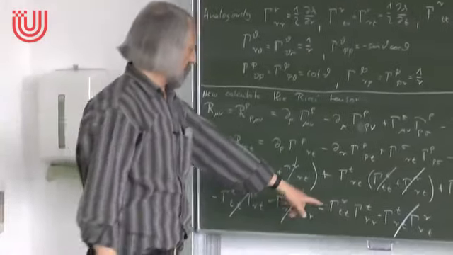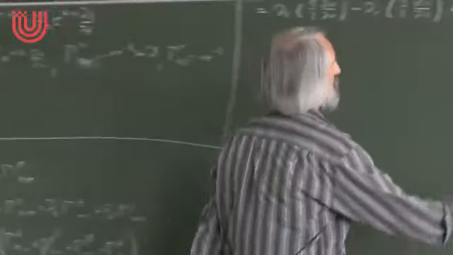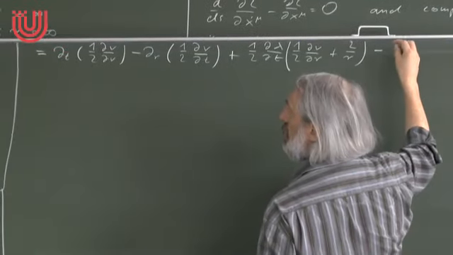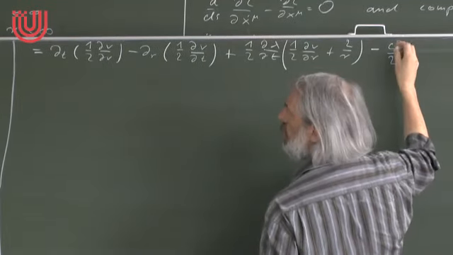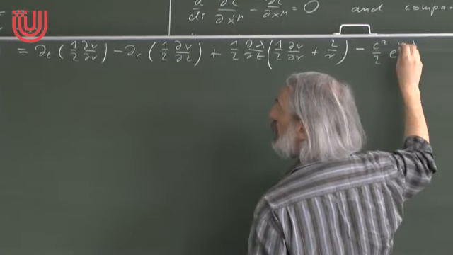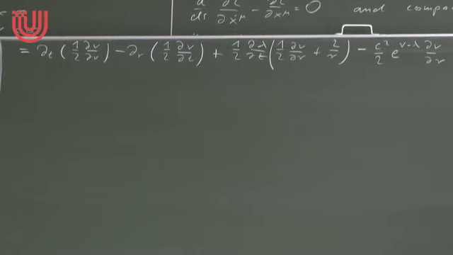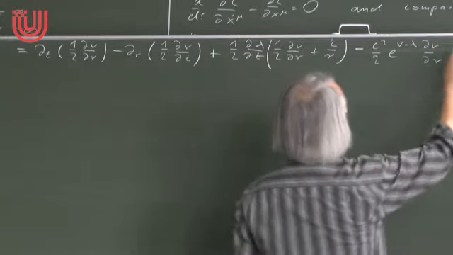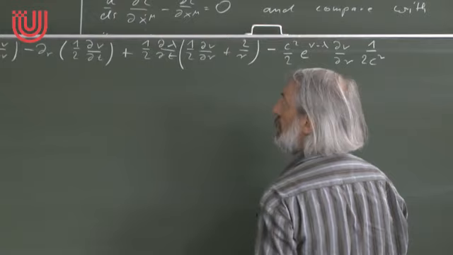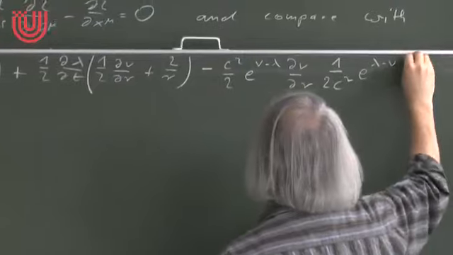And the last one is this here, minus gamma RTT, that's this long one: minus RTT c squared half e to the nu minus lambda d nu by dr, times gamma TRR, 1 over 2 c squared e to the lambda minus nu d lambda by dt.